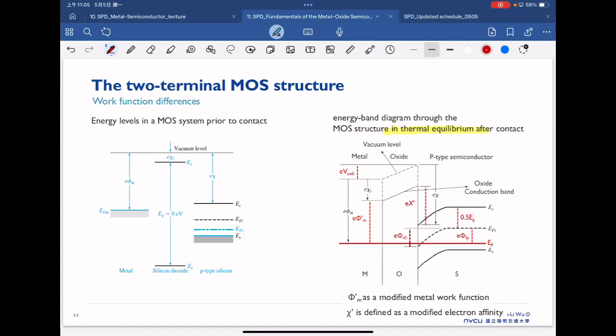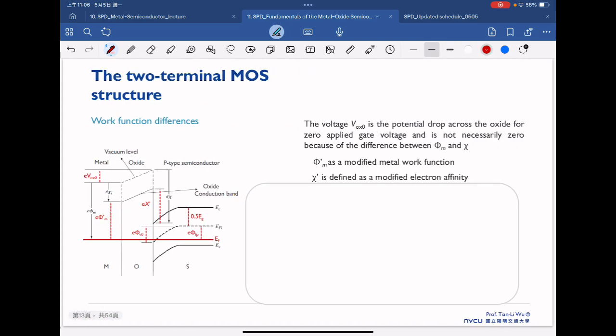Okay, so back to the class. Now we would like to start to understand the impact of the work function difference between the metal and the semiconductor, and what the issues are here.